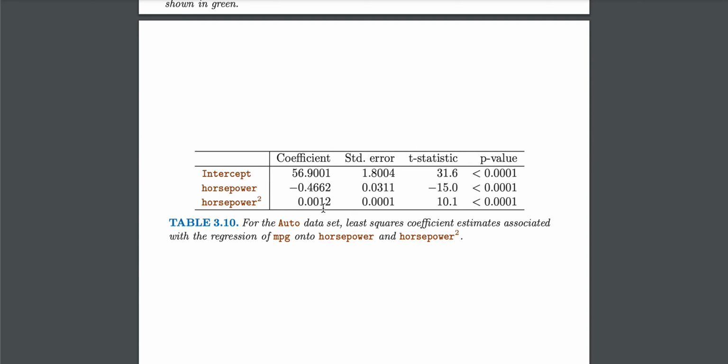Now, what is interesting is that the coefficient that you get for the second degree is significantly smaller than the coefficient you get for the first degree. Any guess why that is the case?